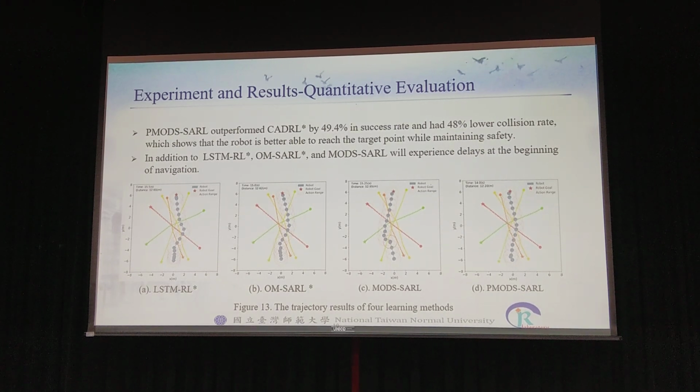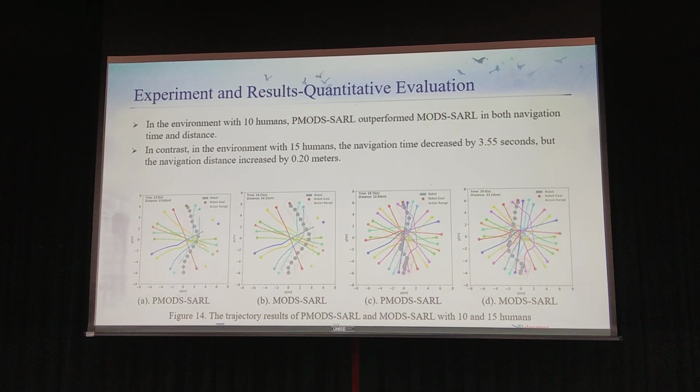In addition, LSTMIO, OMSAIO, and NODSAIO experience delay in the rewarding process. In the environment with 10 people, we can see that PMO-DSAR outperforms NODSAR in both navigation time and distance.